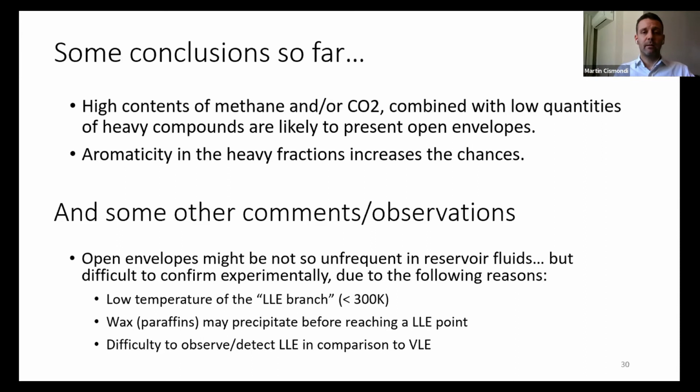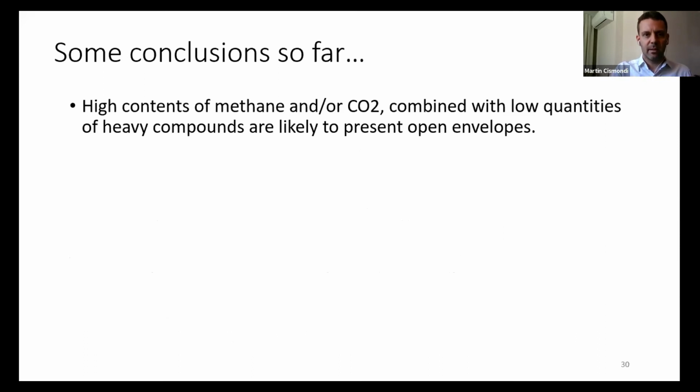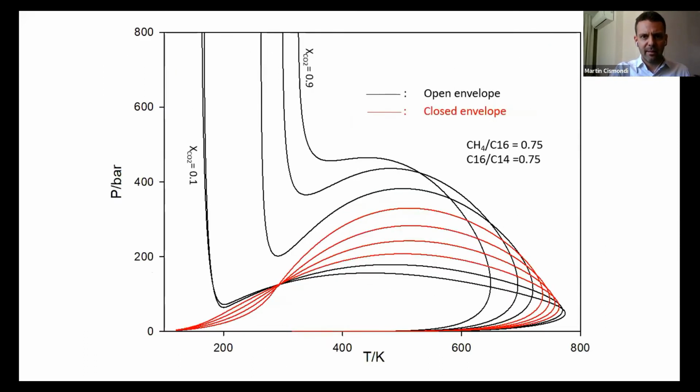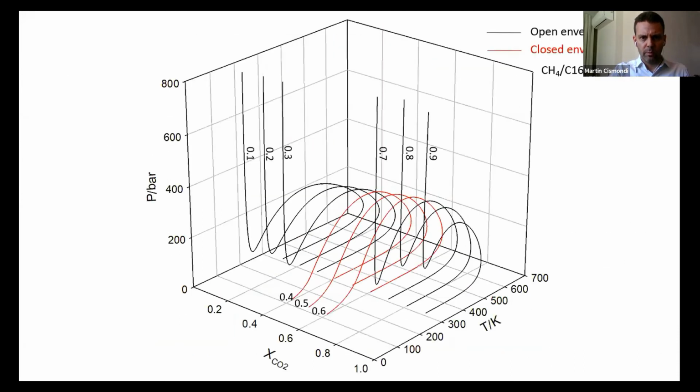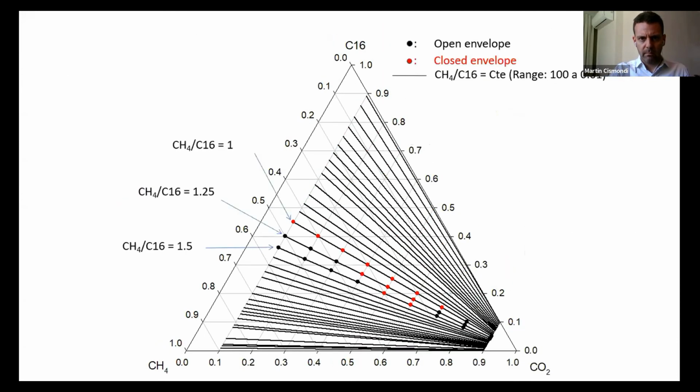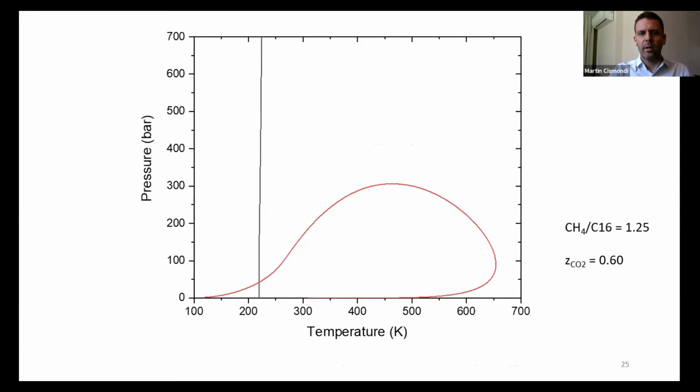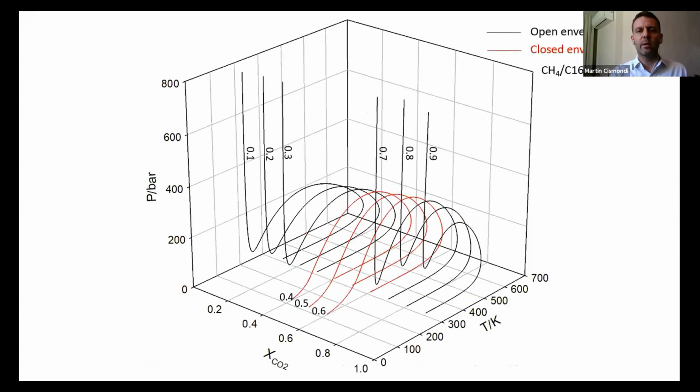In another study, in Natalia Tassin's thesis, we computed the solid-fluid equilibria in cases like this, but not in this study, where we are focused on the topology of the fluid phase envelopes. But what is interesting is that if we go, for example, with or without phenanthrene, for example, this one.